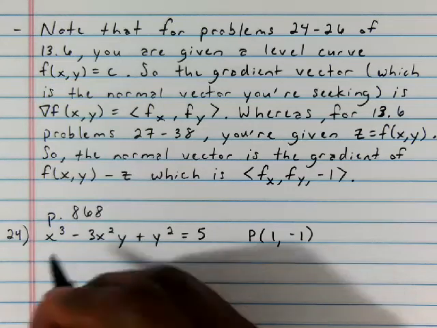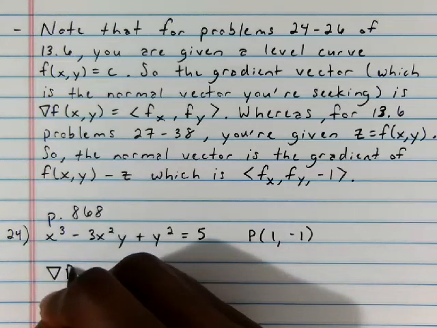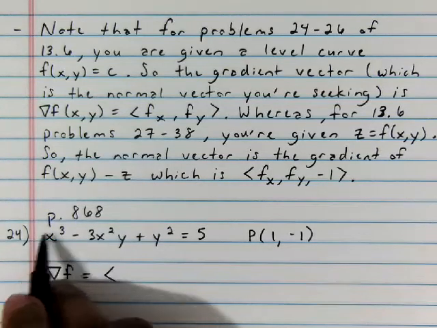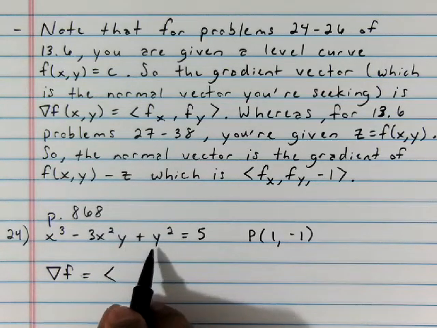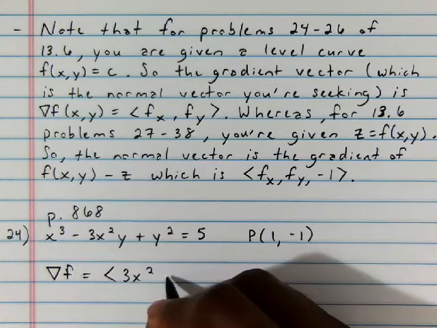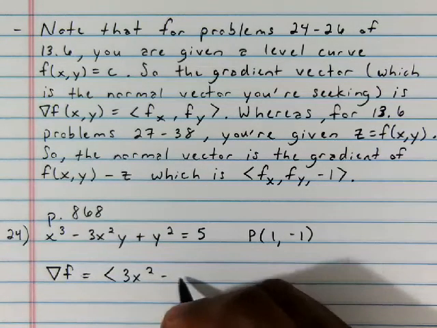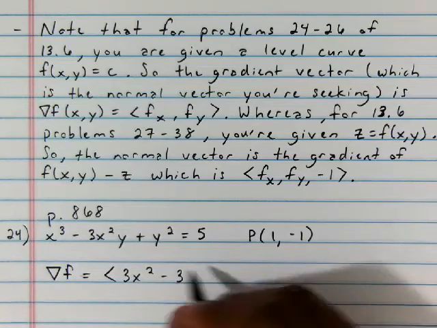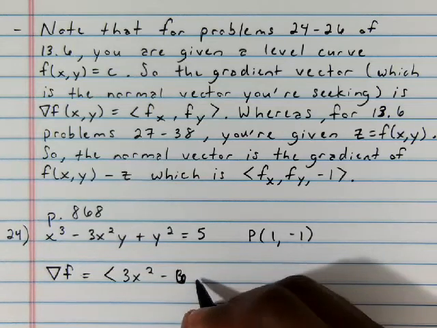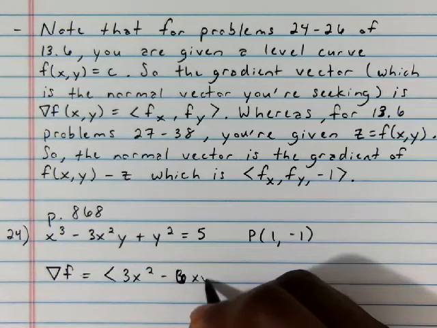So the gradient of f equals the partial of this left-hand side with respect to x, which is 3x squared minus 6x y.